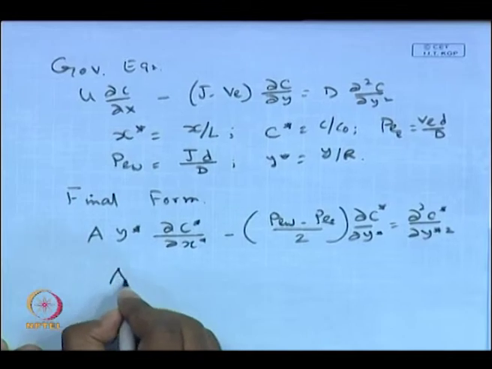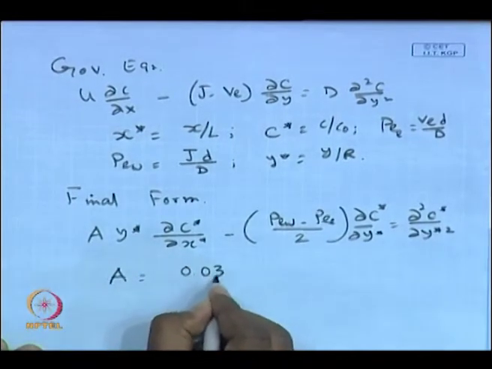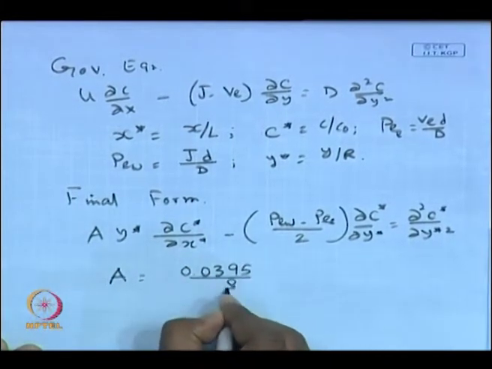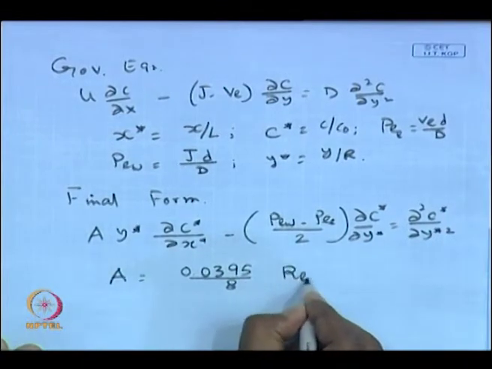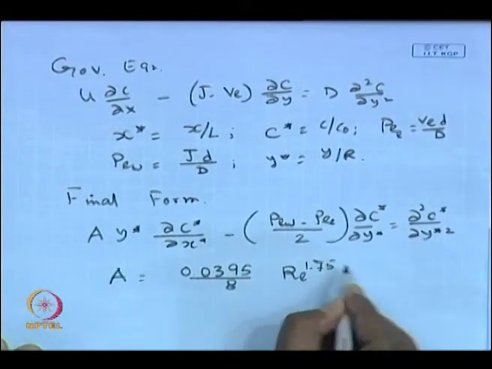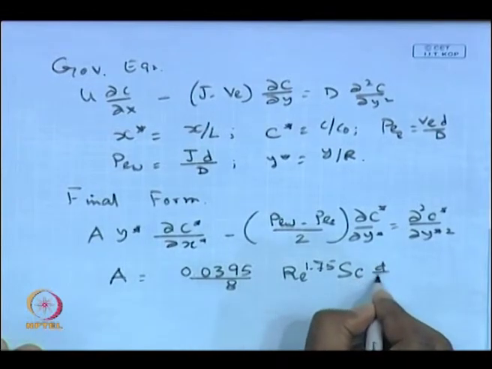Okay. And the constant A is 0.0395 divided by 8 Reynolds raised to the power 1.75 Schmidt d by L.